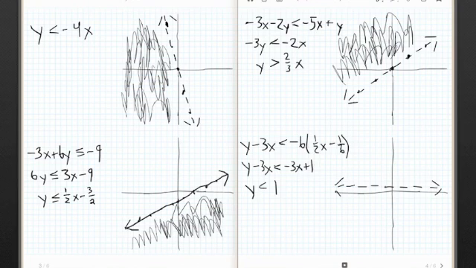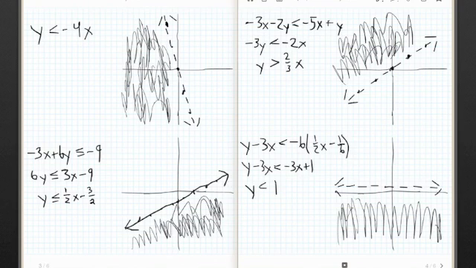And then, because it is less than the line, we're going to shade below it. And here you can very easily tell which side is below the line since it is perfectly horizontal.